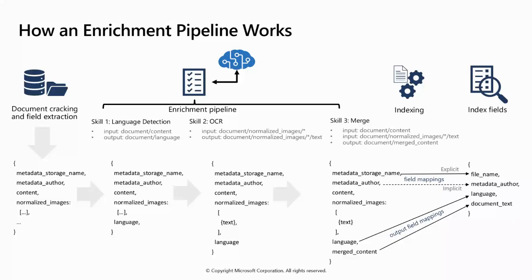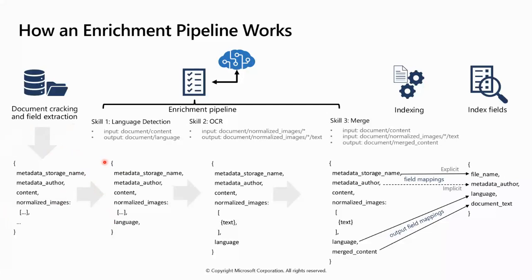Now, we can think of each indexed document as a JSON structure, which initially consists of a document with index fields you have mapped to fields extracted directly from the source data, like this. Let me show you with the pointer. In this case, we have the document, the metadata, author, the content, and the normalized images.